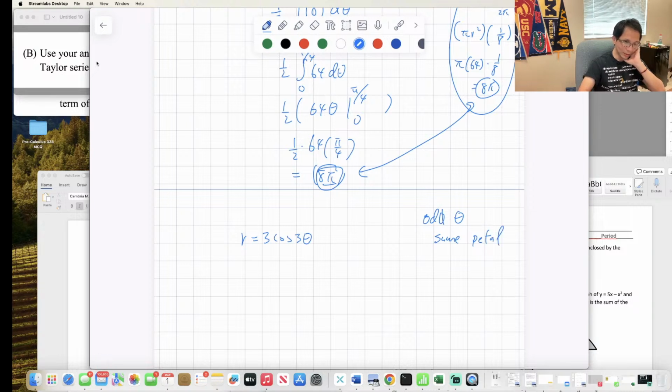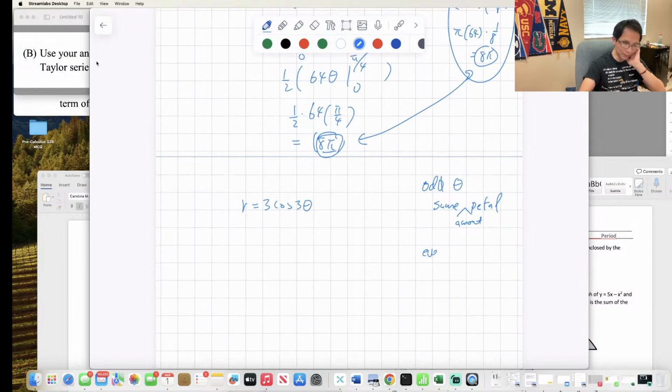So same amount, right? Same amount. Now if you have an even coefficient of theta, then you're going to get double the amount of petals.